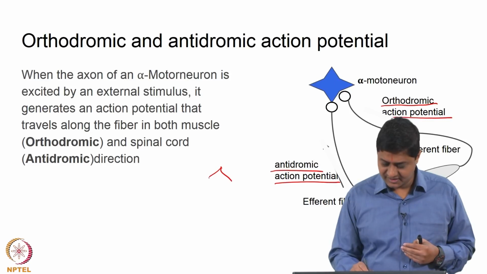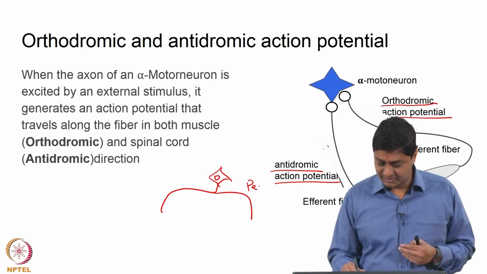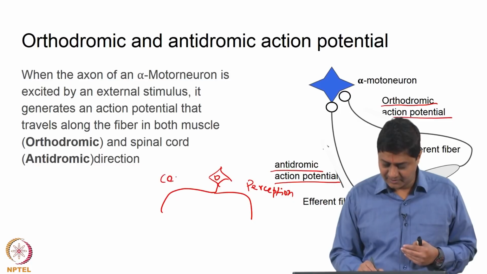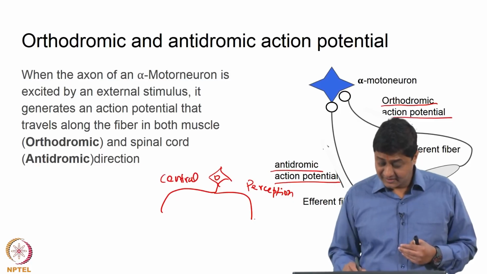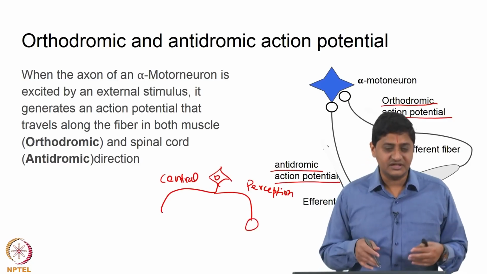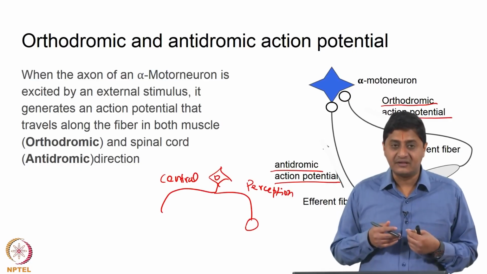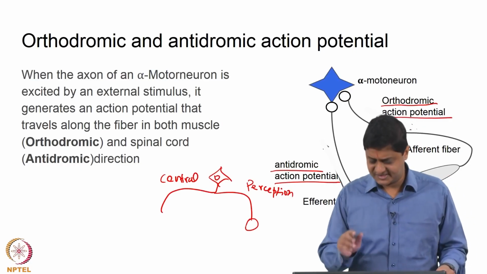A better example is the case of the proprioceptor neuron. We have seen that earlier, right? These neurons have a characteristic T-shaped axon. One branch is the perception branch, the other branch is the central branch. In the perception branch, there is a sensor at the end. This may be a Golgi tendon organ, this may be a muscle spindle 1A, 2, whatever, one of these.